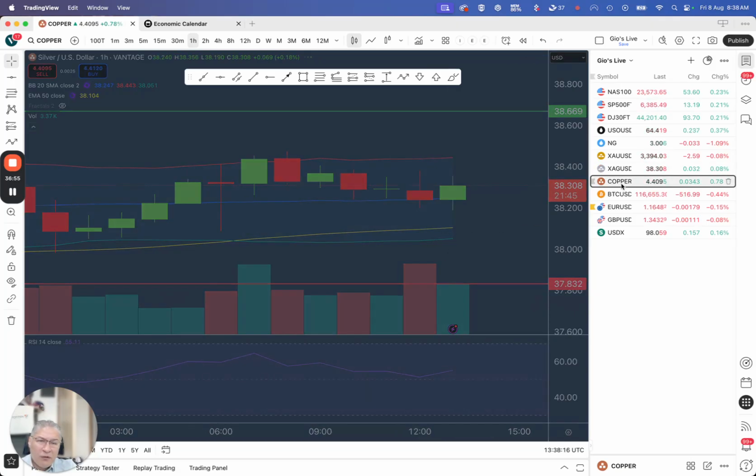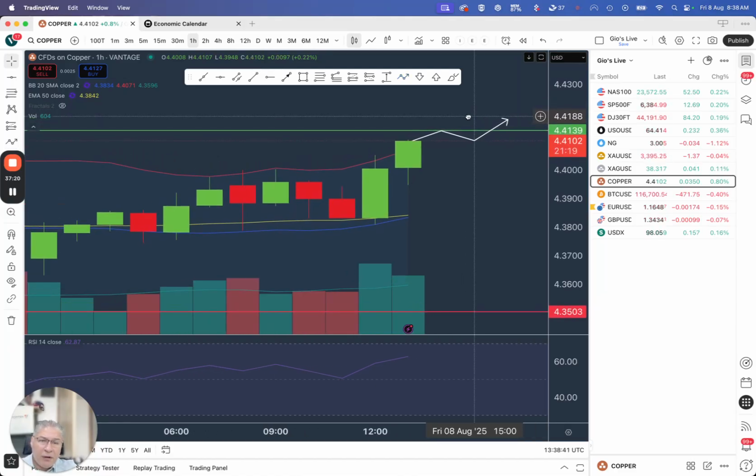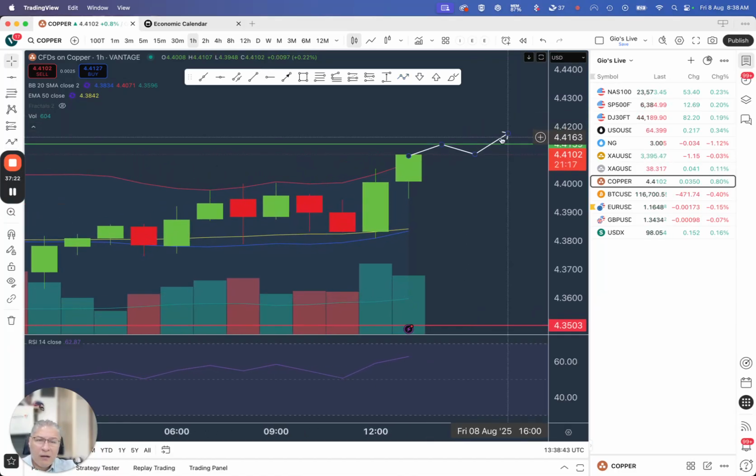So will that be sustained? Then we have copper, nice move to the upside, broken out of this range. So will the market come towards our level of resistance, do a pullback, and then make another attempt to trade higher? That's what we want to be able to understand and see.